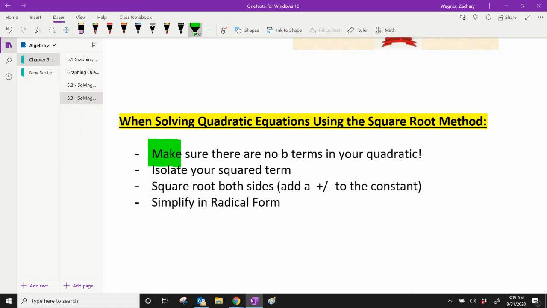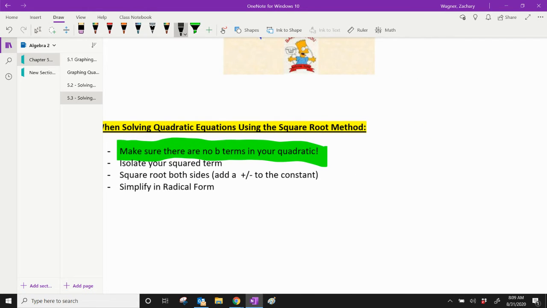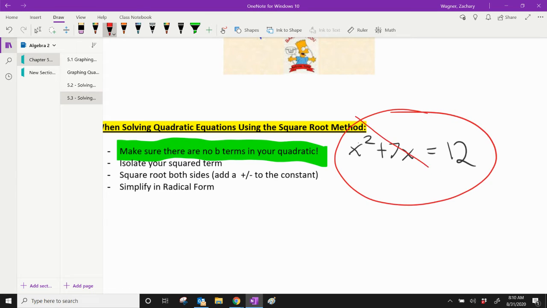What this means is there are no b terms in your quadratic. If I gave you x squared plus 7x equals 12, you cannot use the square root method to solve this. That one would have to be factored, or solved by another method which we will get to later.